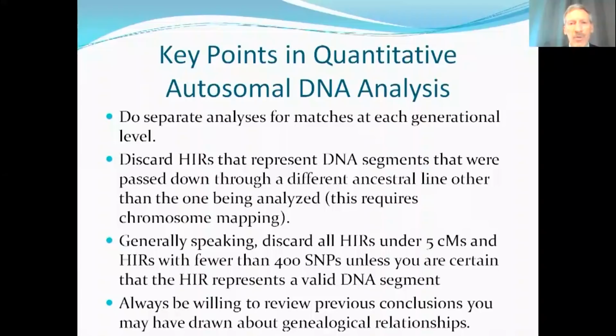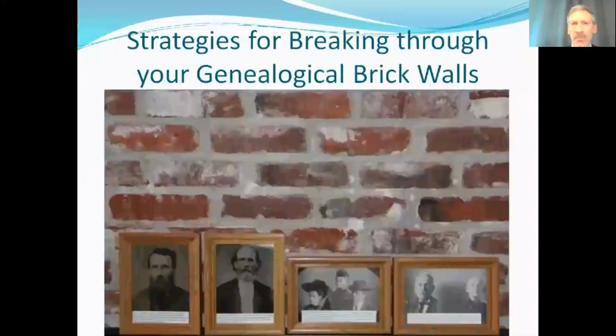And you have to do chromosome mapping in order to sort this out. Be very careful also with any half-identical regions under 5 centimorgans, because these are frequently false matches. And finally, always be willing to review your previous conclusions that you may have drawn about genealogical relationships once you have new data that comes in.